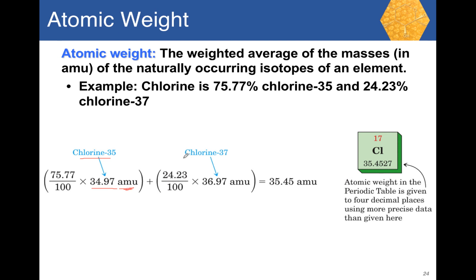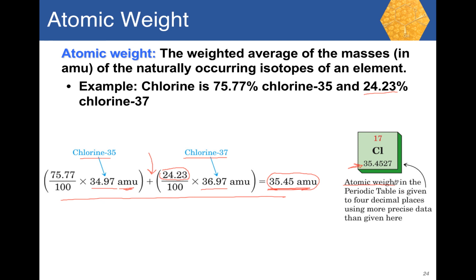And the other isotope, chlorine 37, weighs 36.97 AMUs, and here is its natural abundance given. If you do this math here, notice it's the sum, so we have to add them up. You get the number that appears on the periodic table, because it is the atomic weight of chlorine. Let me break it down again.